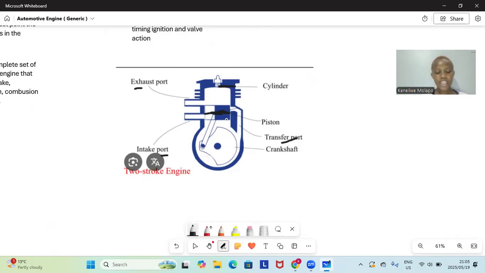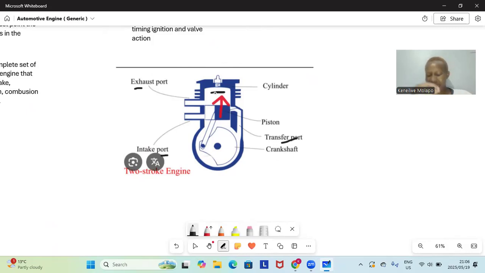If this piston goes up, at the top, there will be combustion because the piston goes up.